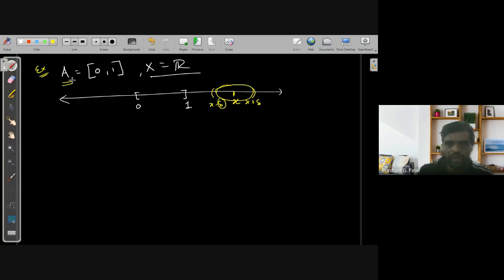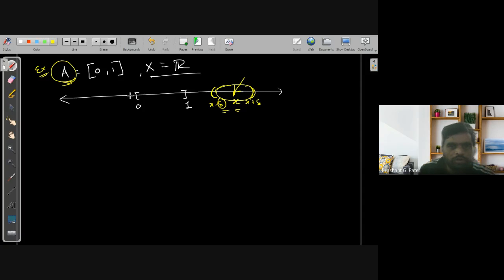If you can find at least one such delta, then this X will not be a limit point. Ultimately, if this neighborhood and A, except the point X, have an empty intersection, then we can say that this point X is not a limit point. And that we can get.